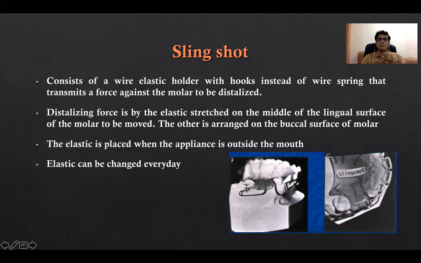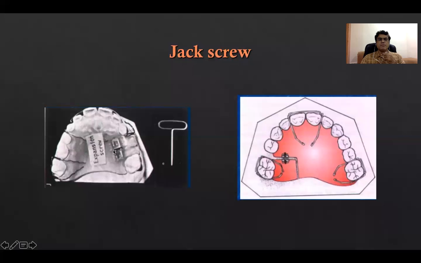So outside the mouth, the elastic is placed, and when you place the appliance inside the mouth, this elastic which is connected to these buccal and lingual hooks will actually distalize the tooth, and this elastic can be changed every day. These are the jack screw type of expansion type of space regainers. This is one type of design, this is the other type of design.